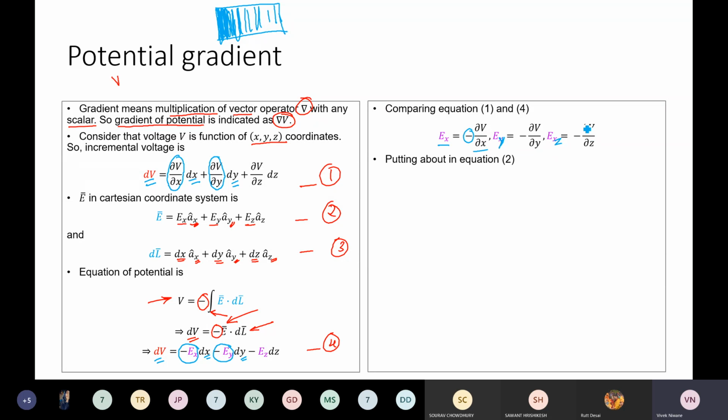So putting everything into equation number 2, now we will modify the E bar equation. So E bar is equal to, replace Ex, replace Ey, replace Ez. We will have this equation.